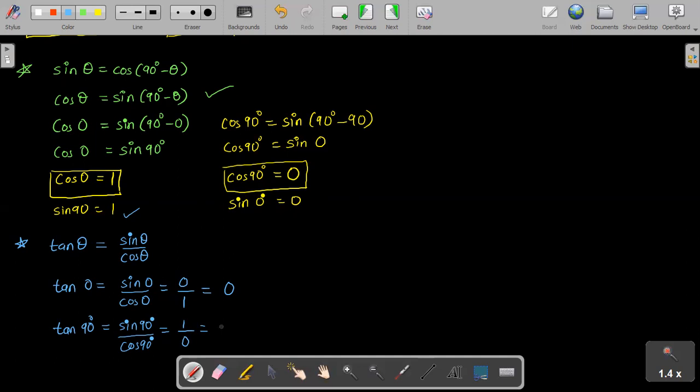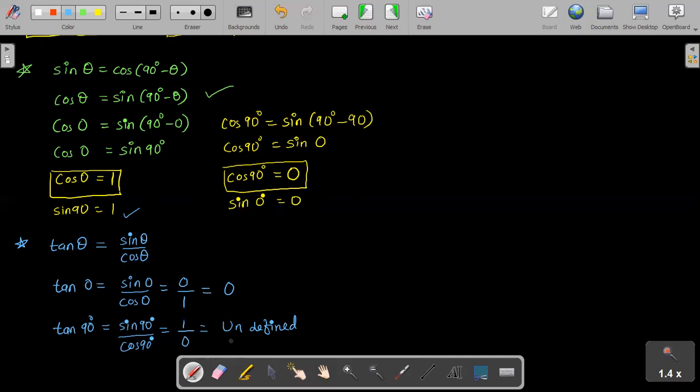Remember, if any number is divided by 0, we say it is undefined. If you are writing it as divide by 0, then it doesn't have any value. We call it undefined, not defined, or infinite.